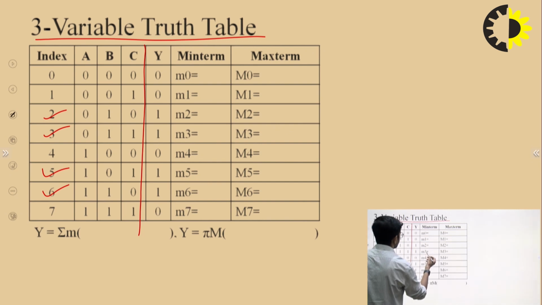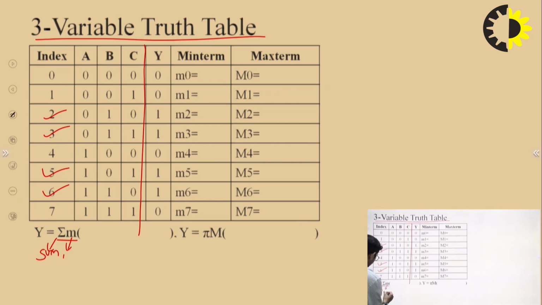Min terms are represented by sigma m. Sigma represents the sum and m represents the min terms. So output is 1 at 2, 3, 5 and 6.